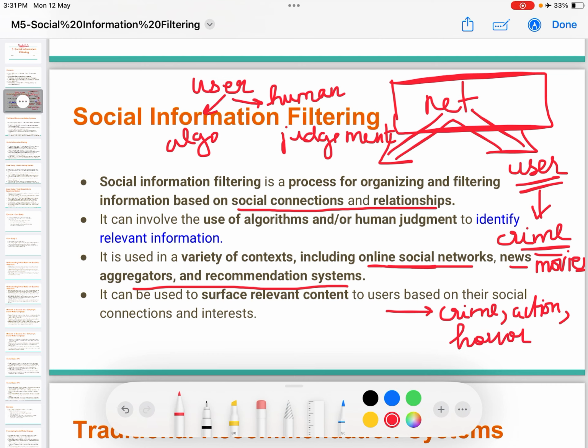And these recommendation systems are using certain algorithms to identify what kind of movies the user likes, what kind of genre the user is liking, and based on that it will surface relevant content. That is, it will only show these types of contents to the users.